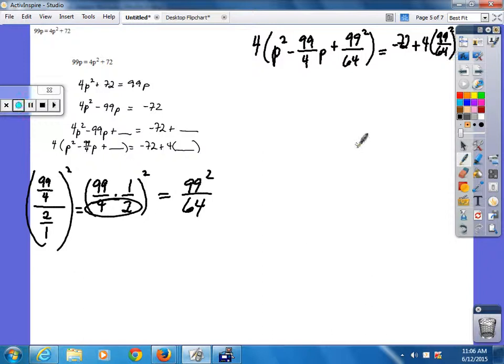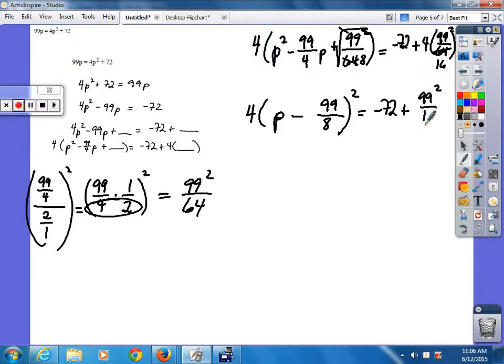Now, the reason I'm not squaring this is because when you take the square root of this, that knocks that 2 out and changes this to an 8, so therefore you don't have to put it in the calculator. So 4 times p minus 99 over 8 quantity squared is equal to negative 72 plus that 4 will go in there 16 times. And that'd be 99 squared over 16.